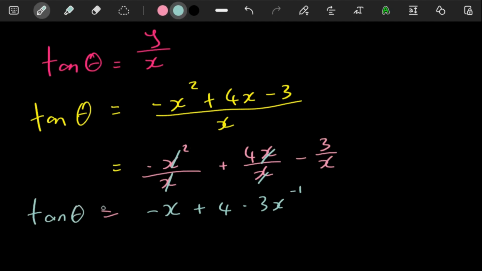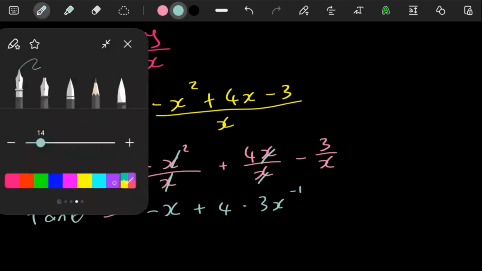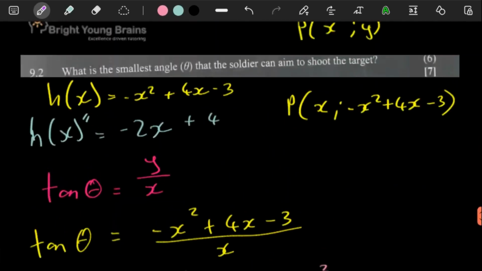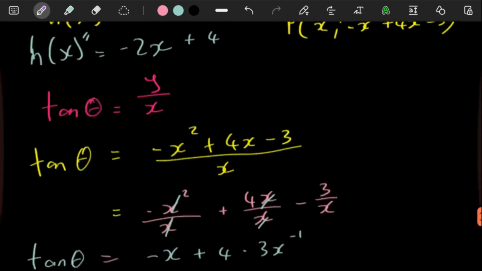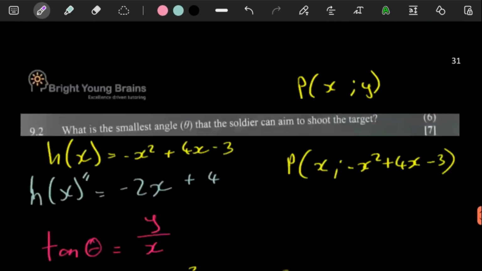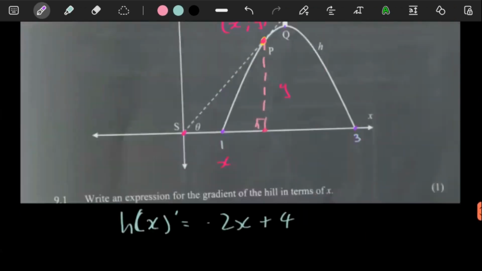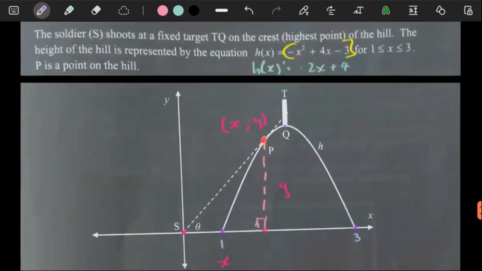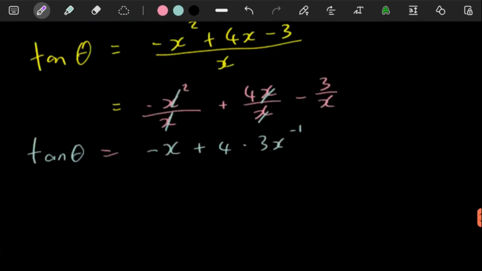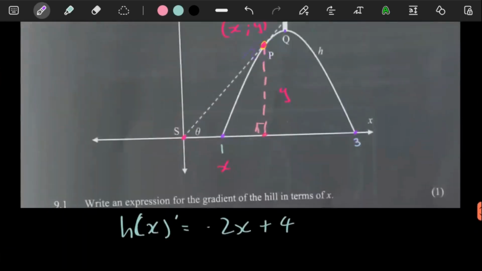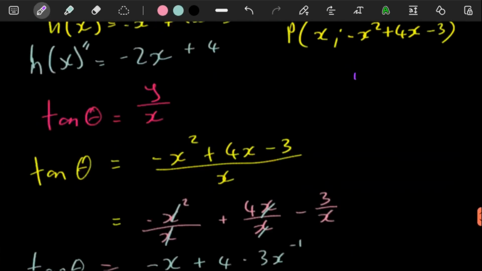At this point, you may be asking, but what now? What's the next step? What do you do to deal with having x there? Well, with this dotted straight line, the equation of that line would be y is equal to mx plus c.